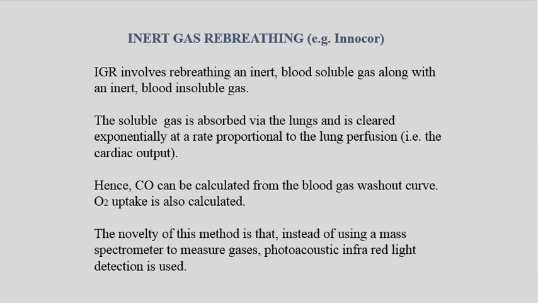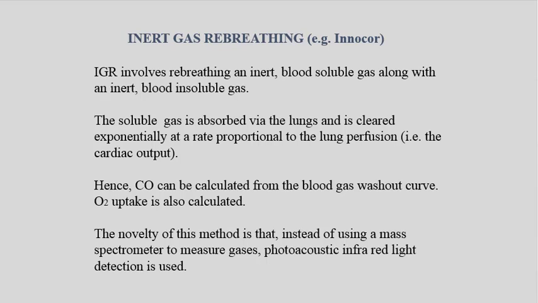And inert gas rebreathing involves rebreathing an inert blood-soluble gas along with an inert blood insoluble gas. The soluble gas is absorbed via the lungs and is cleared exponentially at a rate proportional to lung perfusion being the cardiac output. So the soluble gas is simply eliminated very quickly. The inert gas is recirculated but does not get absorbed.